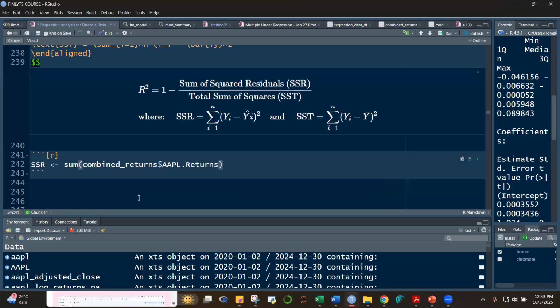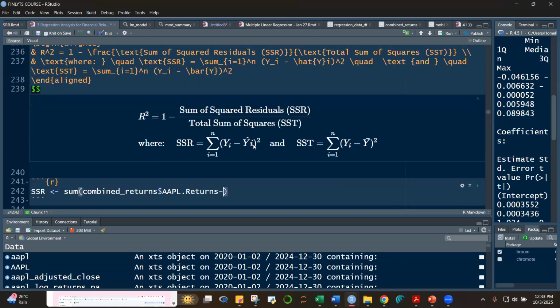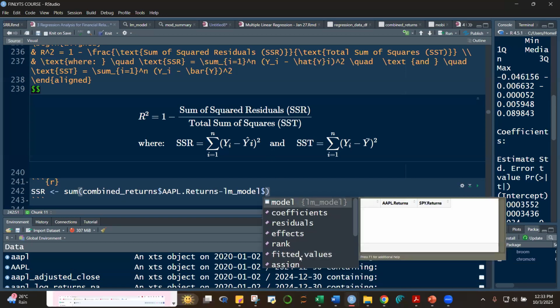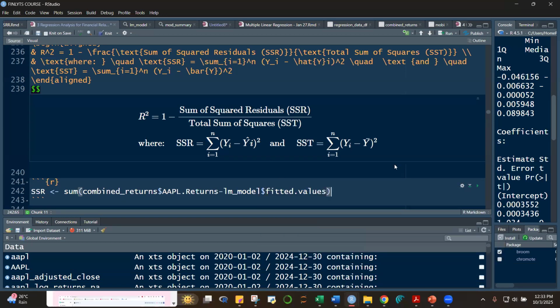That's your Apple returns, right? So this is your y sub I, and then minus your predicted value. That's from your LM model dollar. So your predicted values are your fitted values there. Sum of what, class? Sum of the squares. So we square this first and then get the sum.